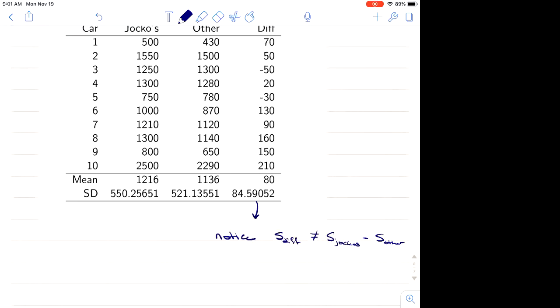So here, this is equal to our X bar of the differences, and this is equal to our S of the differences. And our N of the differences must be 10.